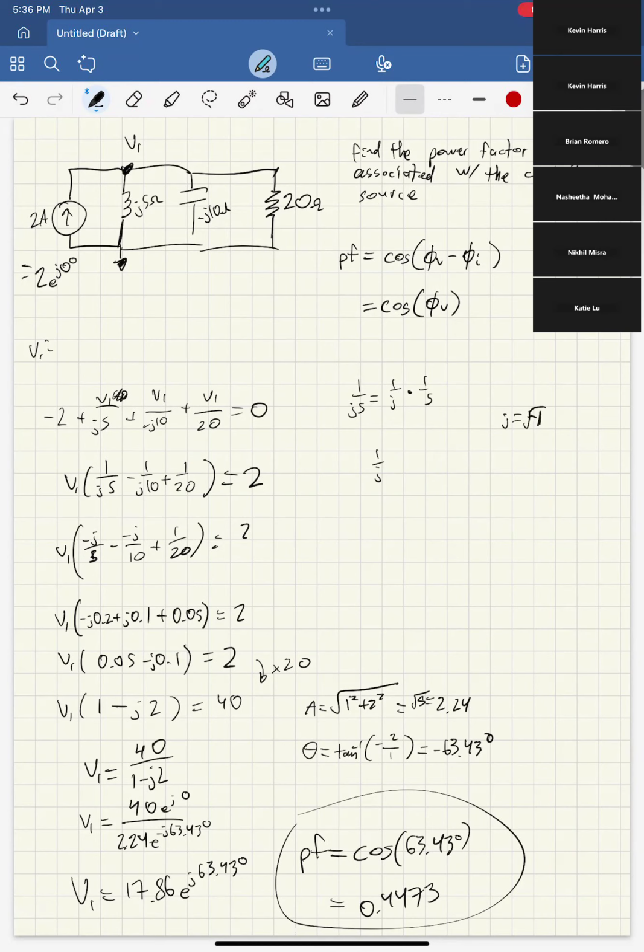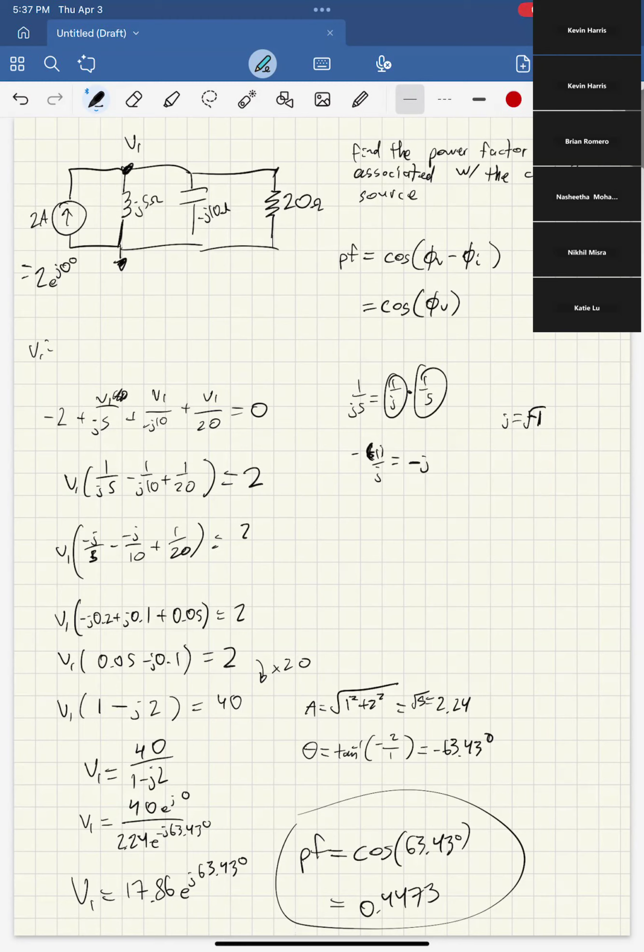And 1 is like negative 1 times negative 1, so if we divide negative 1 by j, then we get j. So 1 over j equals negative j. That makes sense? So this part becomes negative j, and this part stays as 1/5. So you end up with negative j over 5.